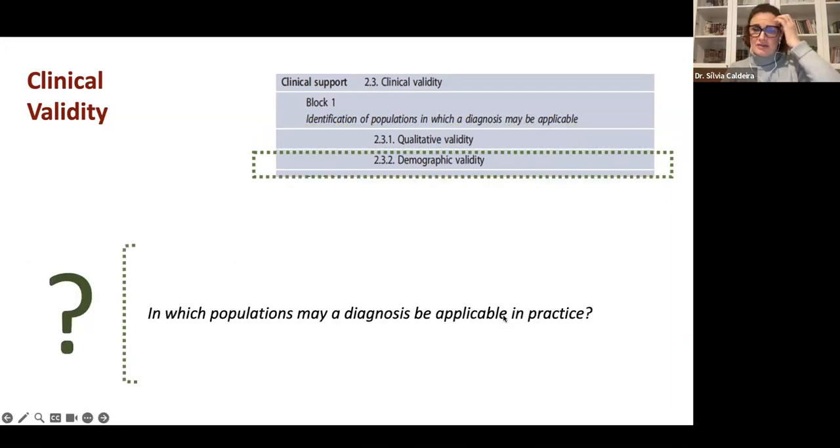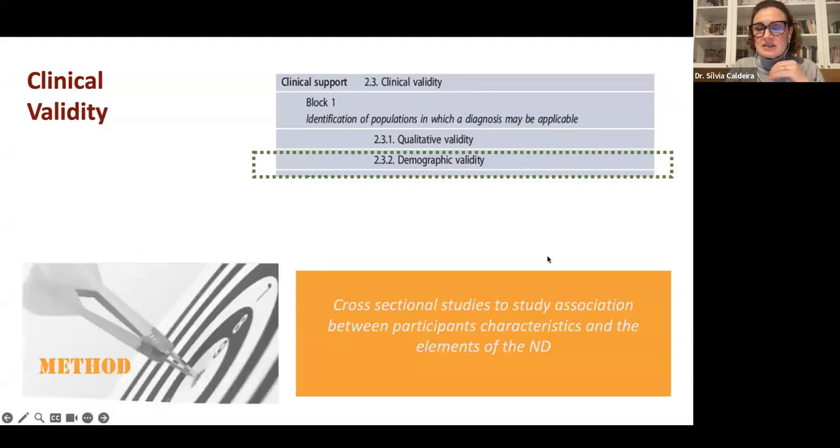When we think of demographic validity, you ask in which populations may a diagnosis be applicable in practice. And for this, you can think of cross-sectional studies to study the association between participants' characteristics and the elements of the nursing diagnosis. Here, you have cross-sectional, observational studies that could find the relationship between the characteristics of the participants and the elements of the nursing diagnosis.